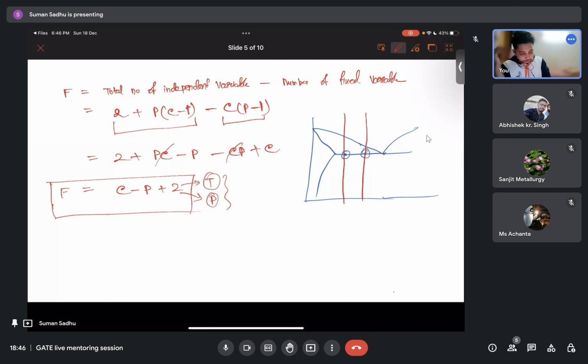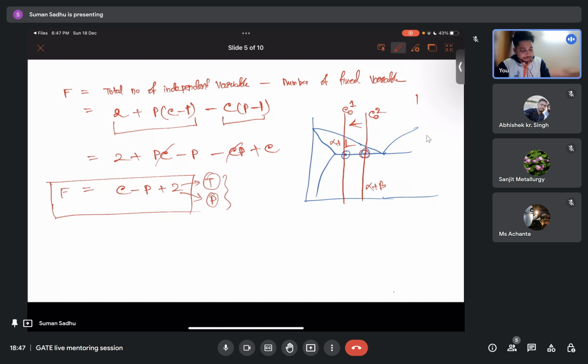If we move from this point to this point, we are at the same equilibrium, but we are changing the composition. So are we really changing the composition, or are we making some mistake thinking in this way?